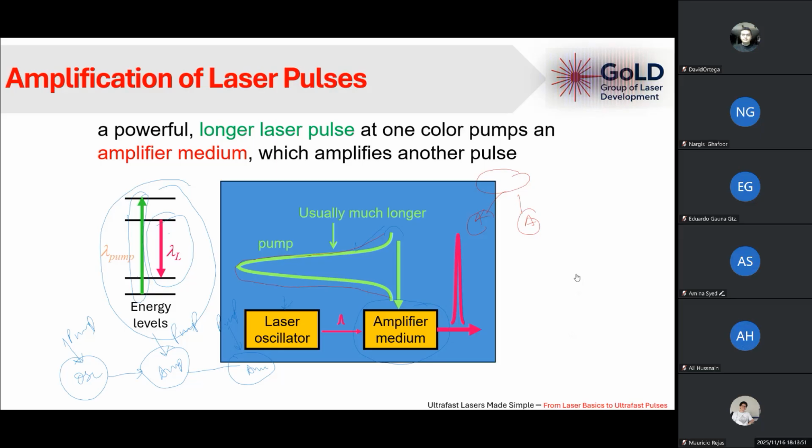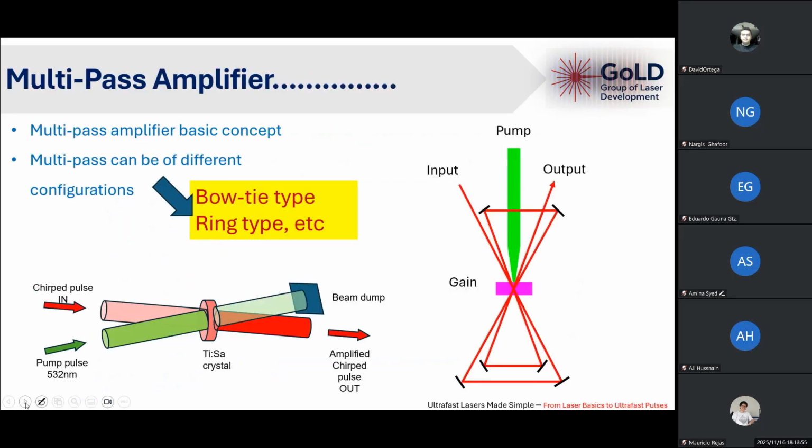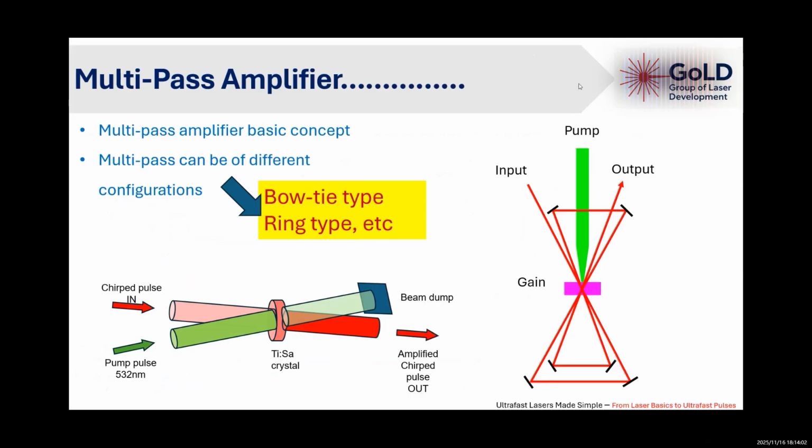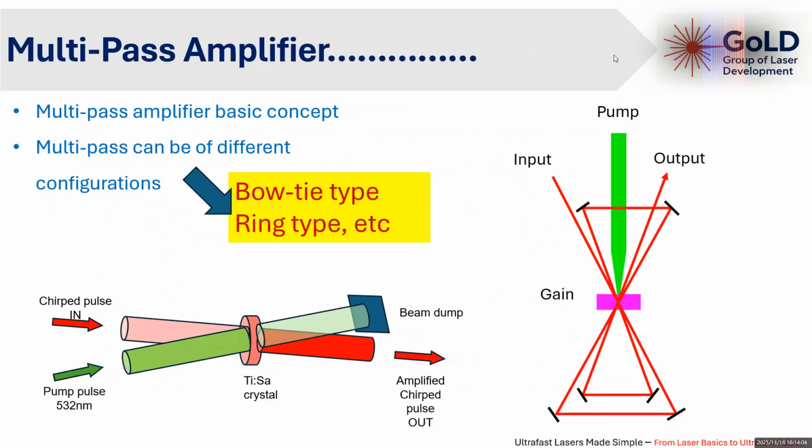Okay, so move further. What do you see here? There are different kinds of amplifiers, or amplifier configurations, that can be used in the ultrafast laser.